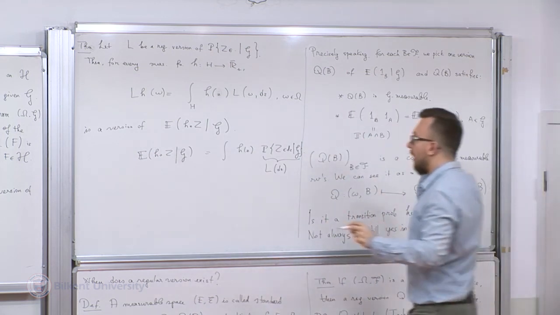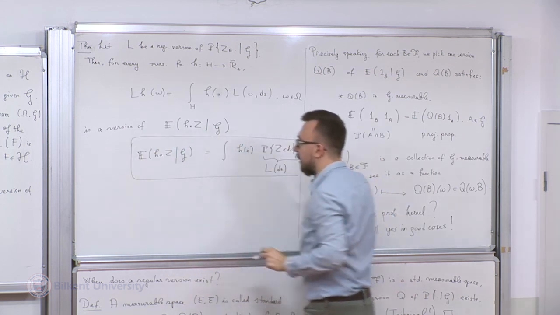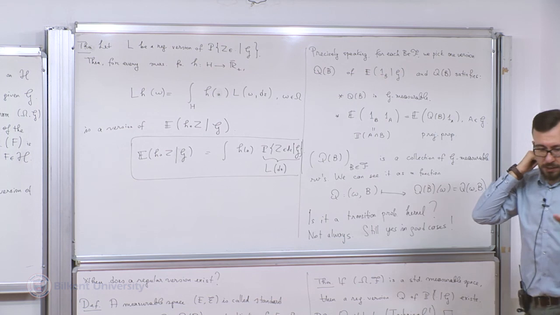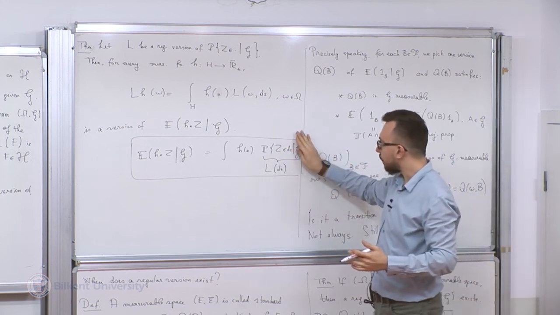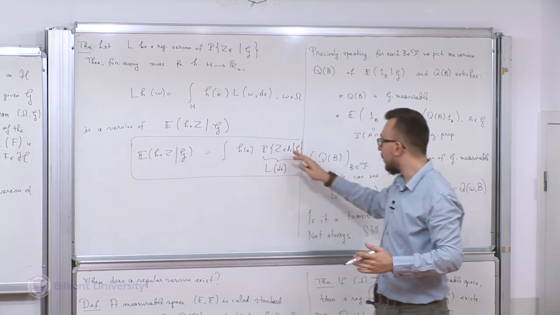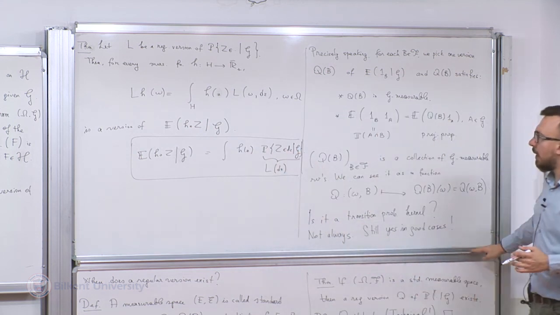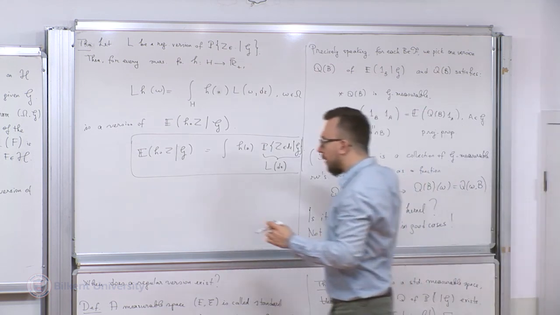So the expectation of a random variable can be calculated using its distribution. This is well known. Now this is the conditional form.